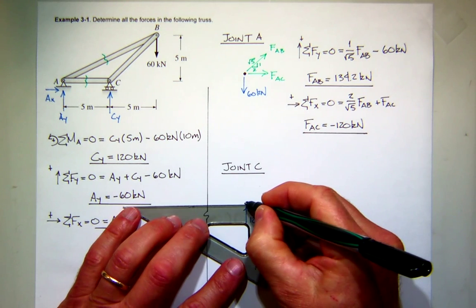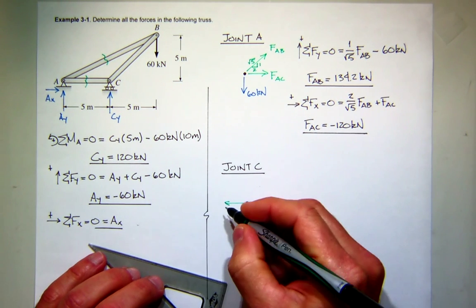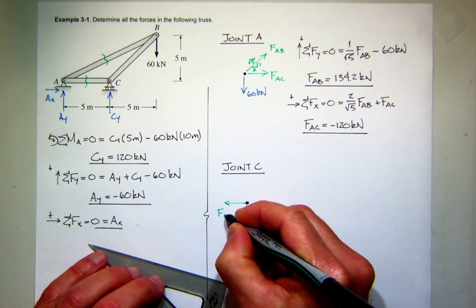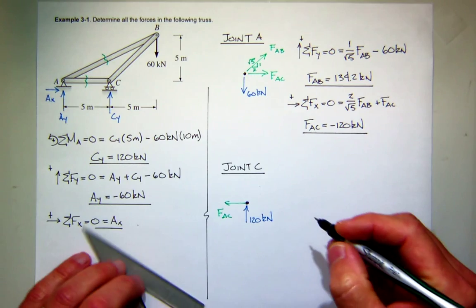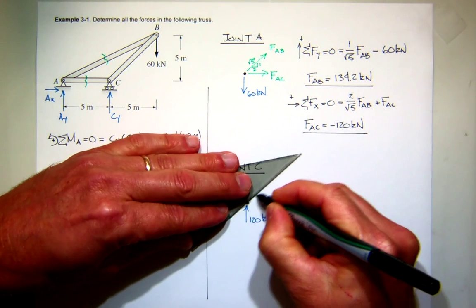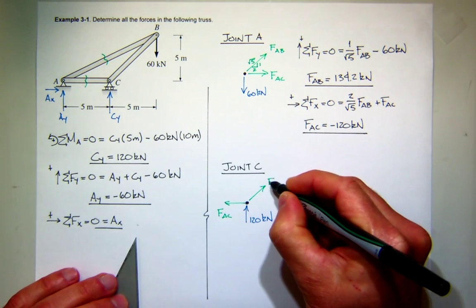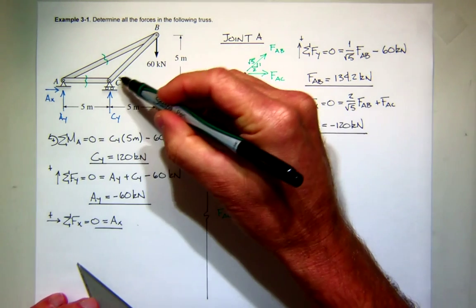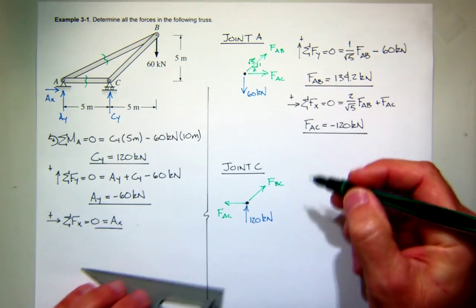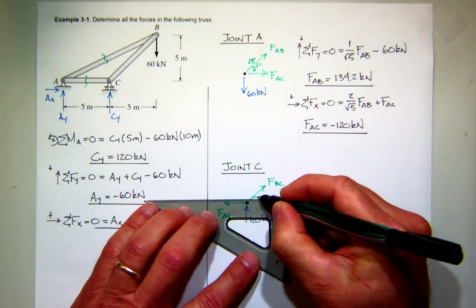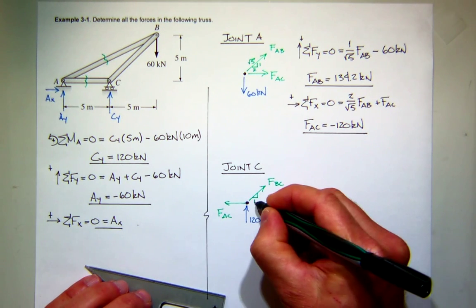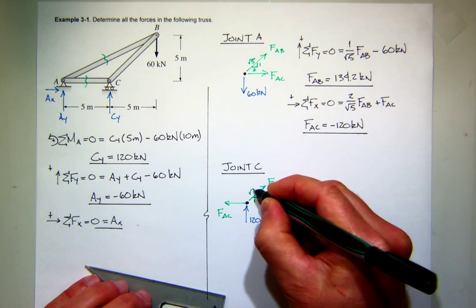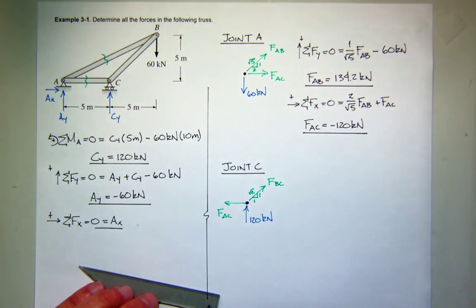I already have a tension force that I've defined in AC, and I'm going to assume a tension force in BC. And then looking at this BC component, what's its slope? It looks like 5 to 5, so that's 1 to 1. So that means the hypotenuse is square root of 2. So I should be able to get my component from there.